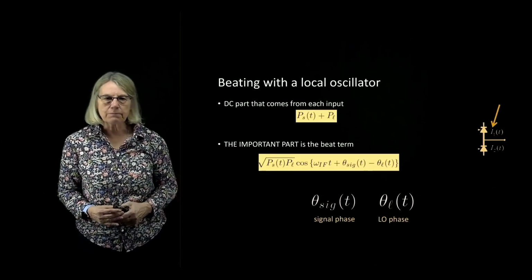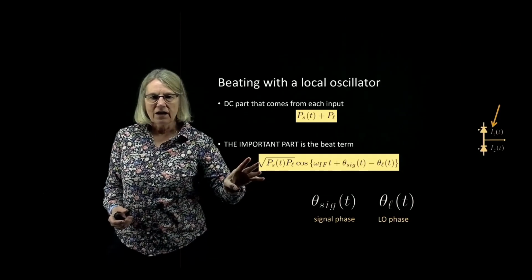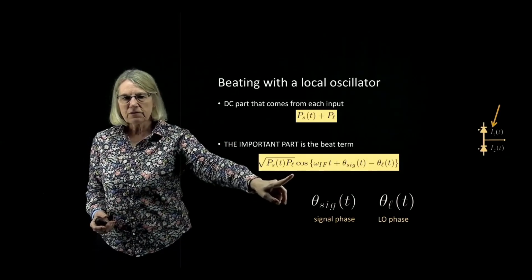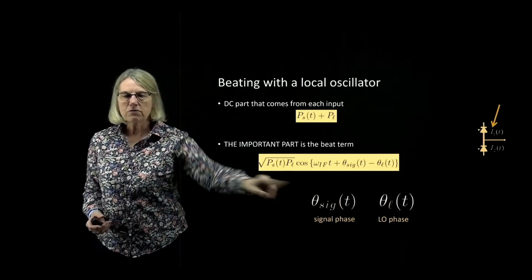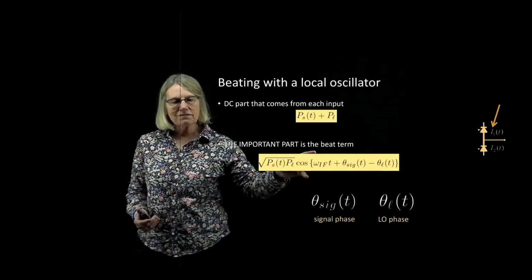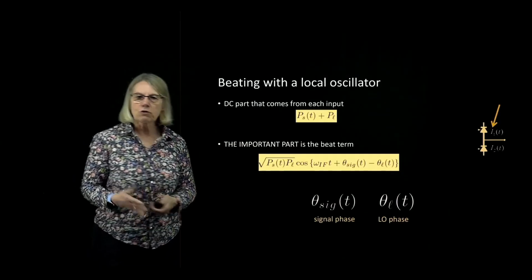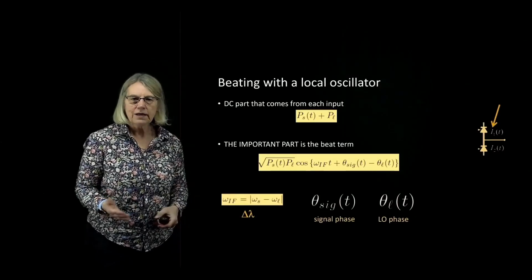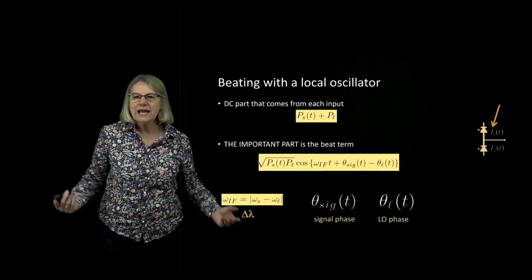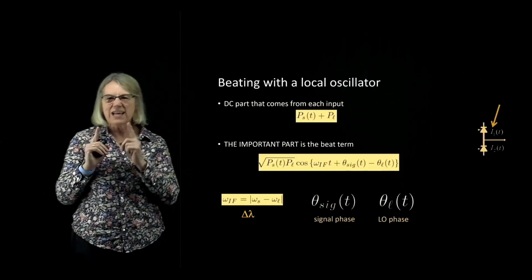And I'm going to have something that looks like this term. Again, I'm going to have the square root of the product of the powers of the signal and the local oscillator. I have the cosine. And of course, this difference in phase between the local oscillator and the signal, it could have some intermediate frequency. The two lasers might not be exactly on the same wavelength.